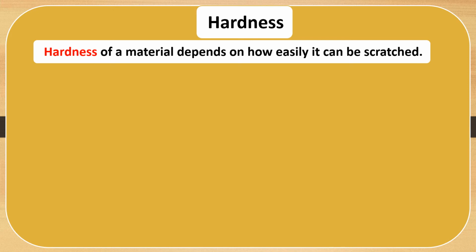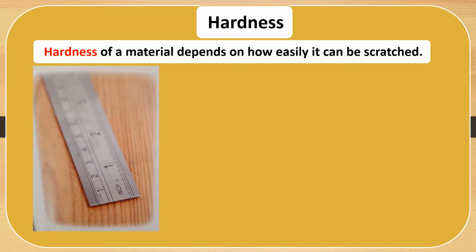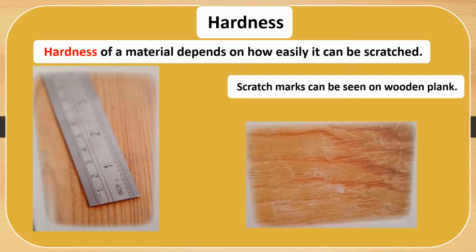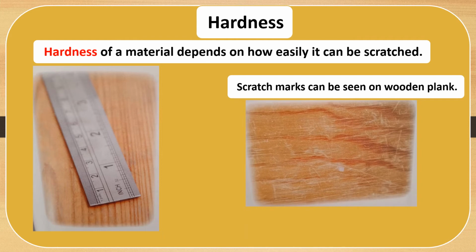And when we have this, as you can see, we have a wooden plank. And we also have metal ruler. Okay, students. As you can see on this wooden plank, when you get a metal ruler and you scratch the wood, you will see some scratch marks.